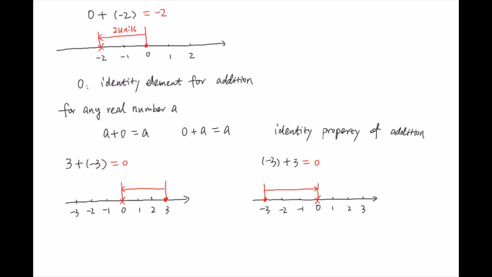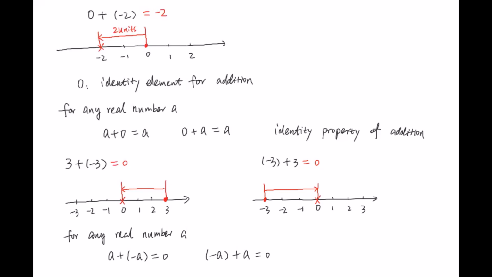From these two examples, we can see that the sum of any number and its opposite is 0. For any real number a, we have a plus negative a equals 0, and negative a plus a equals 0.